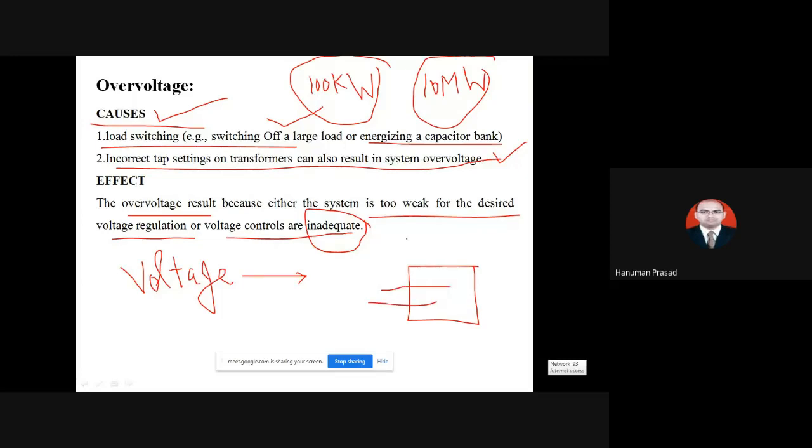If we talk about domestic, your system is designed for 230 volt but you are getting 300 volt or so, that means it may break down the insulation of this system. This is the effect of over voltage. Main causes of over voltage: switching off a large size of load, incorrect tap setting. Effect of over voltage: inadequate voltage control, which may break down the insulation of the system.